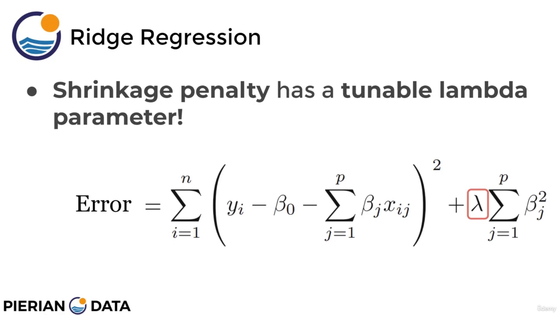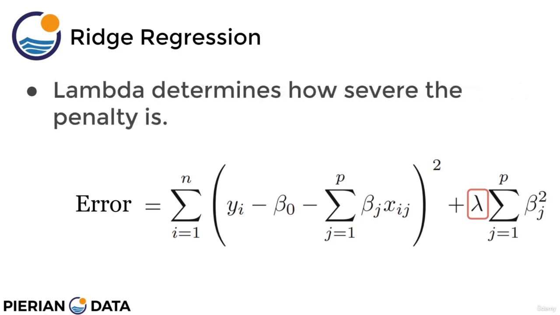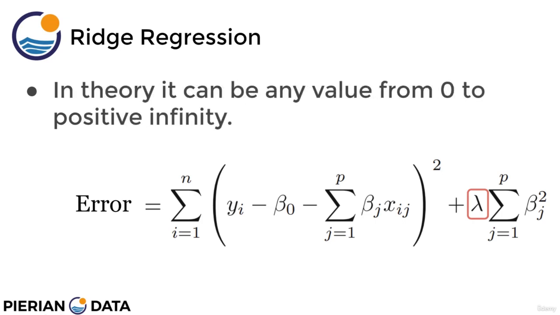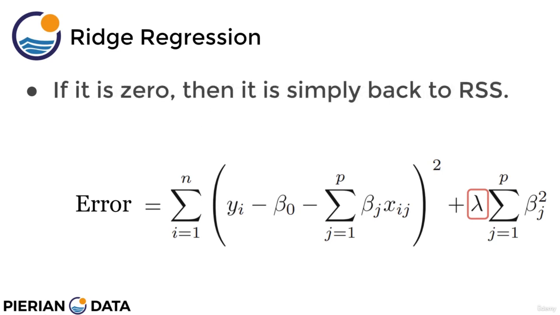But the main thing to note here is that this shrinkage penalty term is based off not just the beta coefficient, but the beta coefficient squared. The lambda itself will just determine how severe the penalty is. And in theory, it can be any value from 0 to positive infinity. If it is 0, then it simply reverts back to RSS. So if you chose lambda equal to 0, this whole error term just becomes the exact same thing as the residual sum of squares, since you're not considering that shrinkage penalty based off that squared beta coefficient.